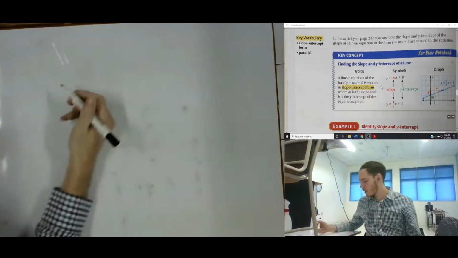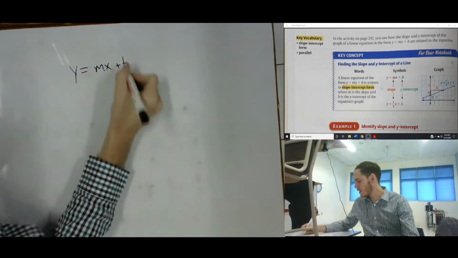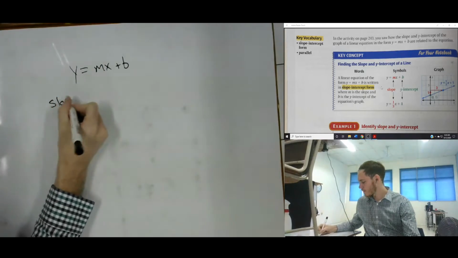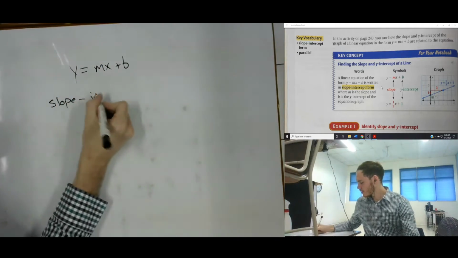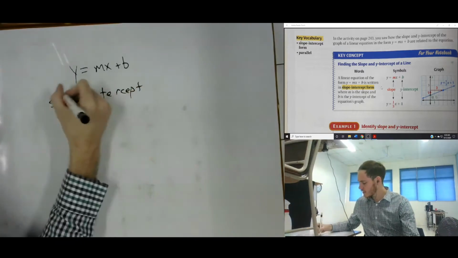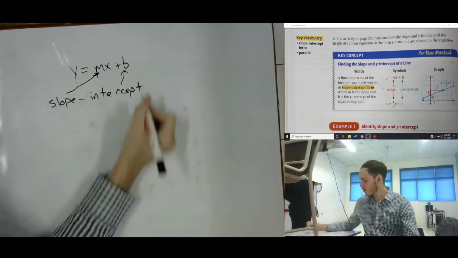Okay, 4.5, slope-intercept. This is where we get y equals mx plus b. In this case, slope is our m, and intercept is our b.